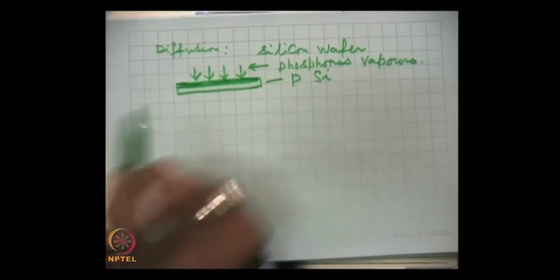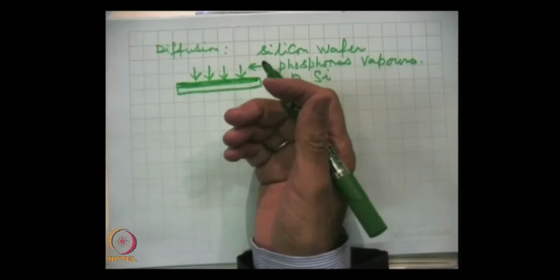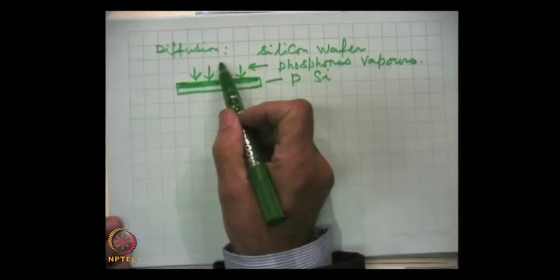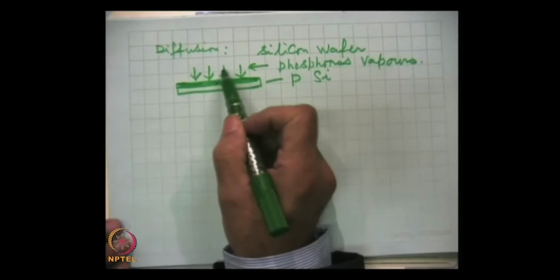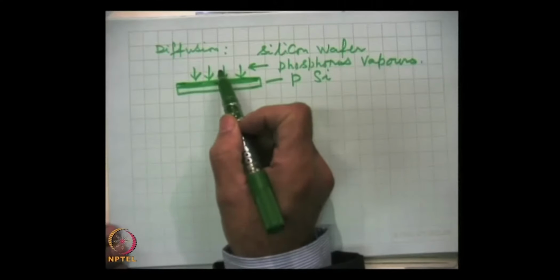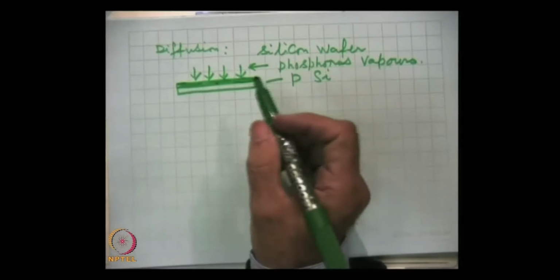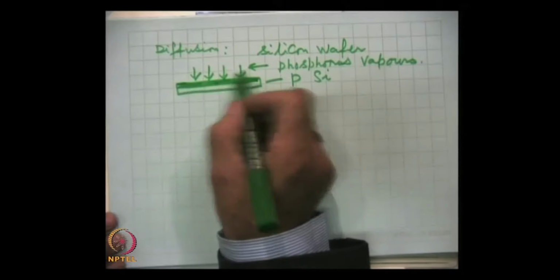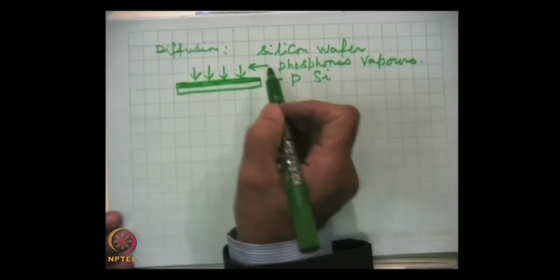Then it is reversed, because if this is the emitter, then here the doping density requirement is high. So, this will have a much higher density of phosphorus, and when we reverse it, then we can choose the concentration of the phosphorus in the vapor pressure, and there are several controlling parameters.